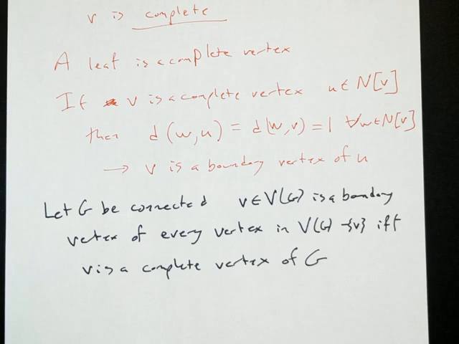Central and peripheral vertices either came about from all having eccentricity 1 or none having eccentricity 1, right? Boundaries require a little bit different.